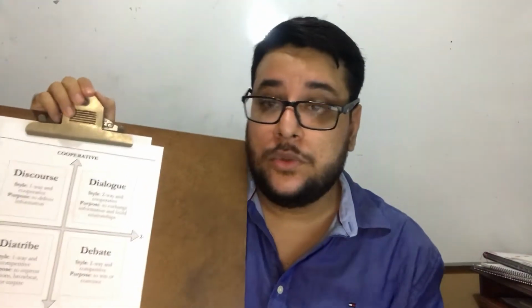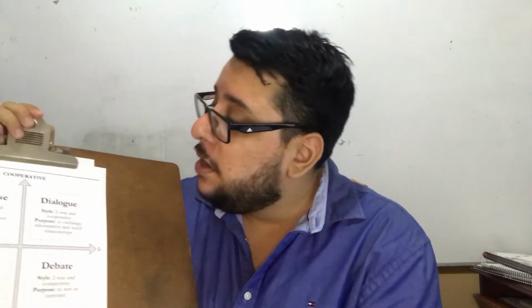So, we have already discussed what synonyms are, what antonyms are. Now we have an antonym here. Cooperative means to cooperate, to help each other, and competitive means going on our own to win something or to get ahead of the others.